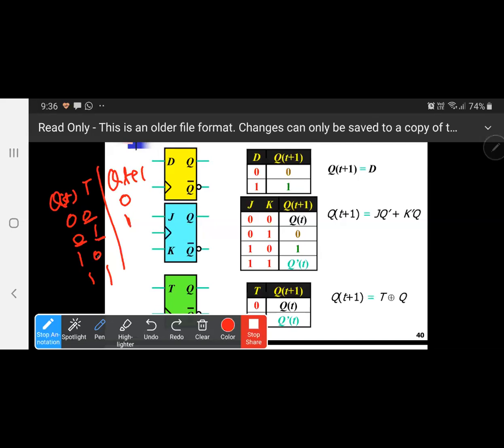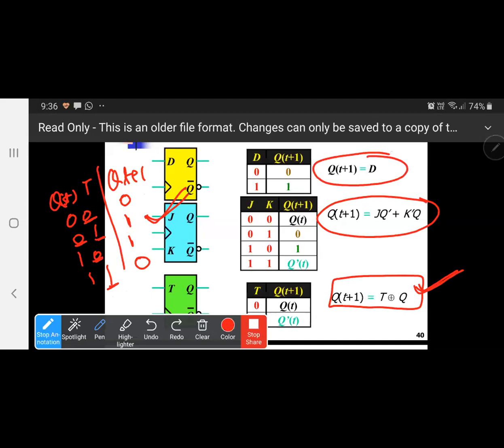So can you see the truth table? Which gate is this? XOR gate. Yes, that's why QT plus 1 is equal to T XOR Q. This is the characteristic equation for T flip-flop. This is for JK and this is for D.